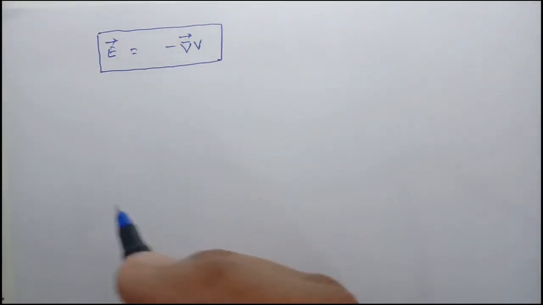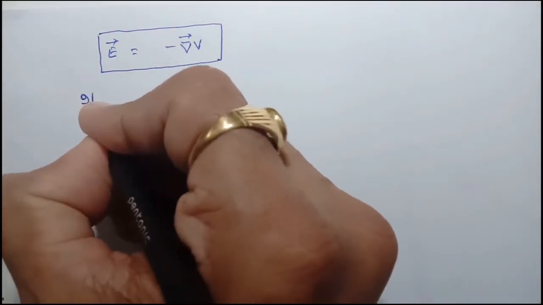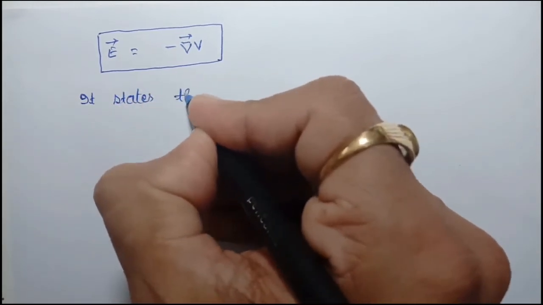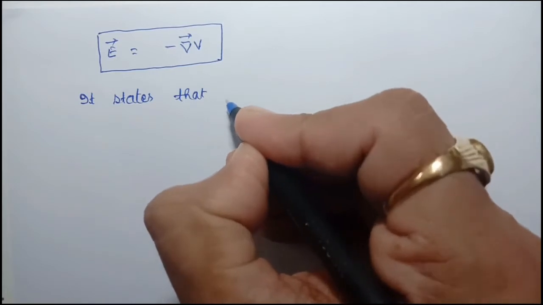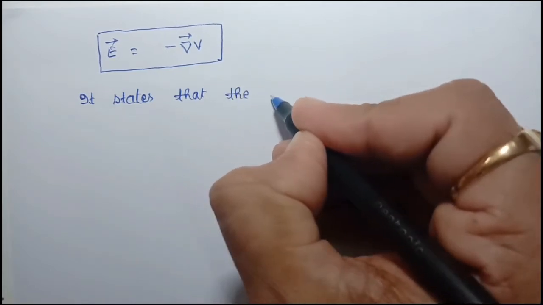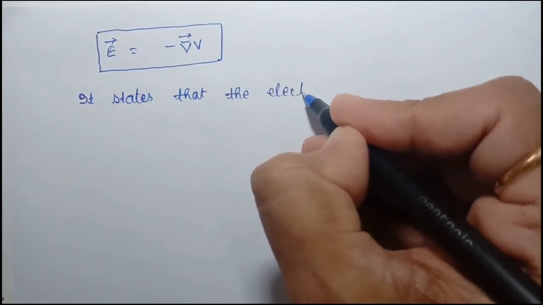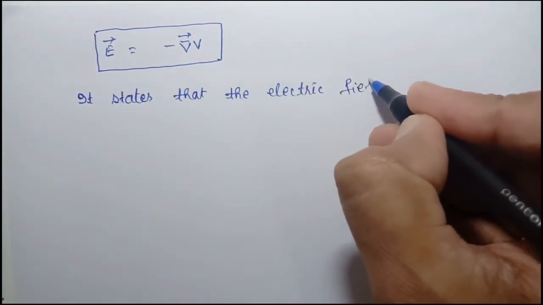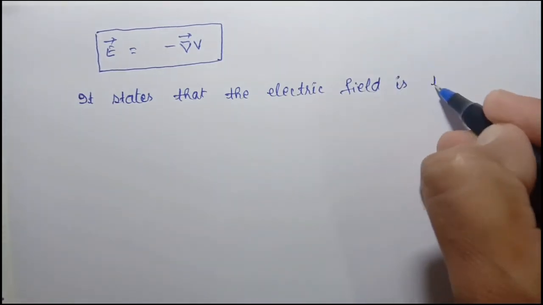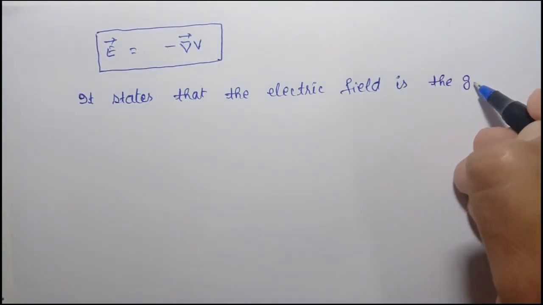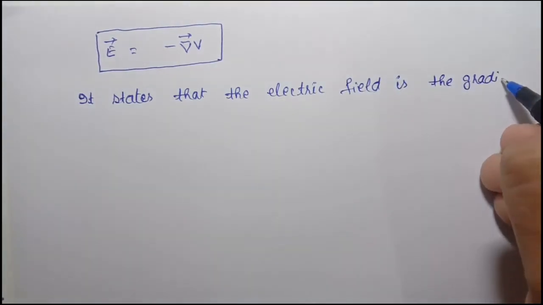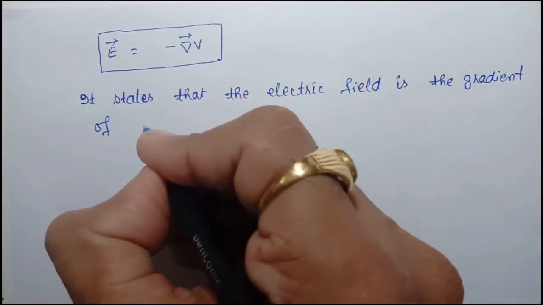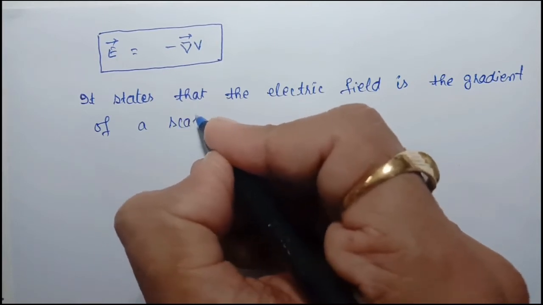Basically it states that the electric field is the gradient of a scalar potential.